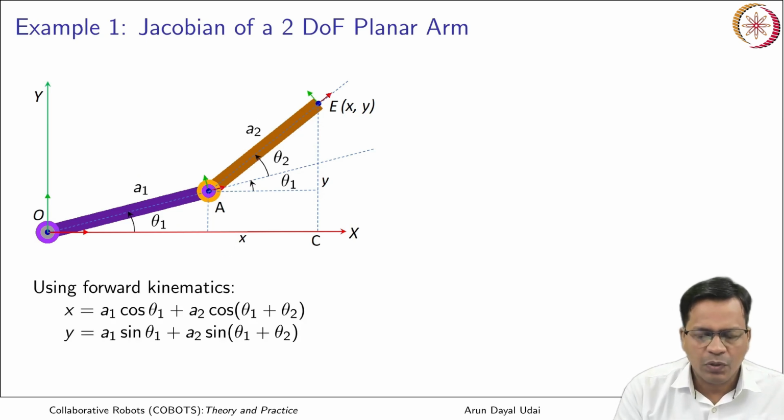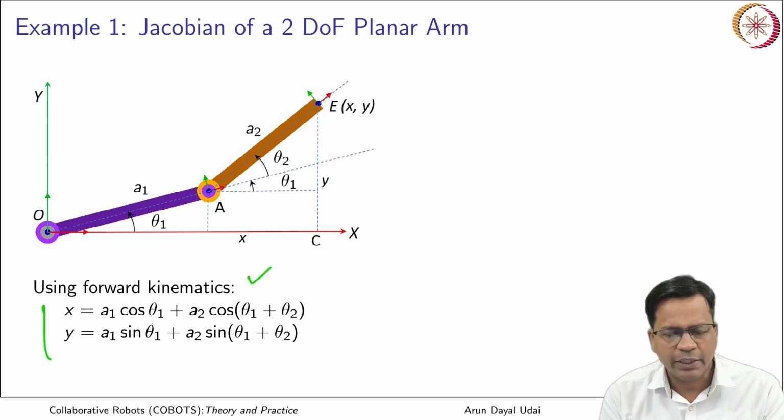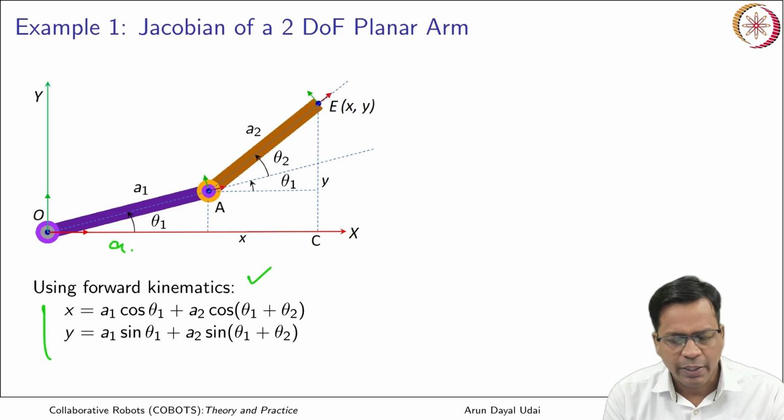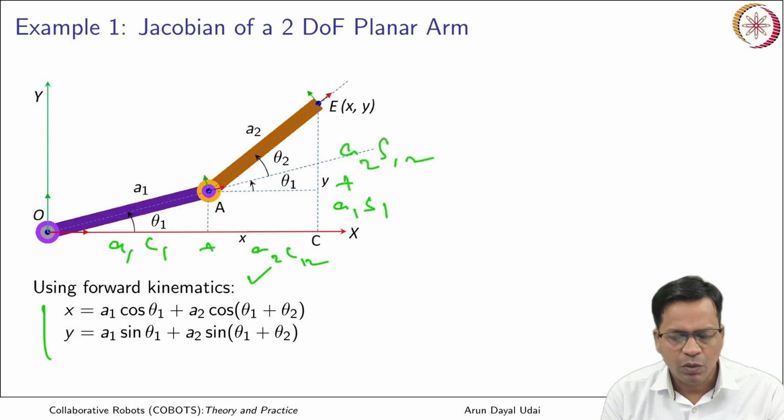Now x and y can be written using forward kinematics, by taking simple projections. So x is A1 C1 plus A2 C12, and y is A1 S1 plus A2 S12. This is the forward kinematics.